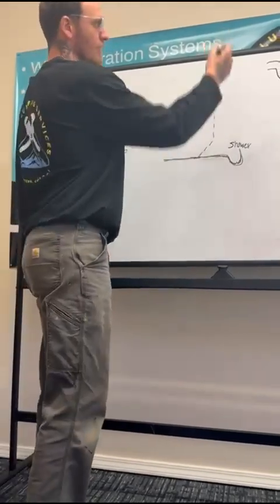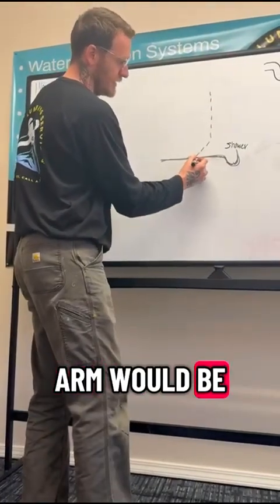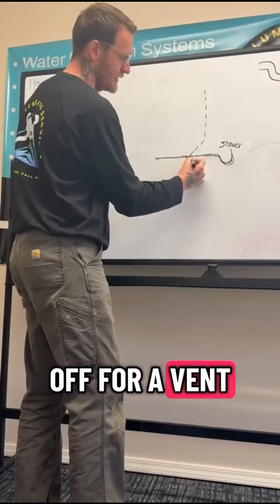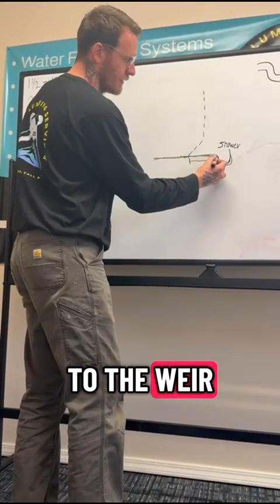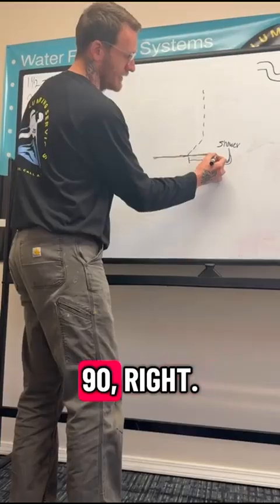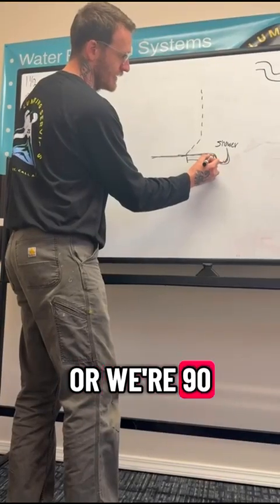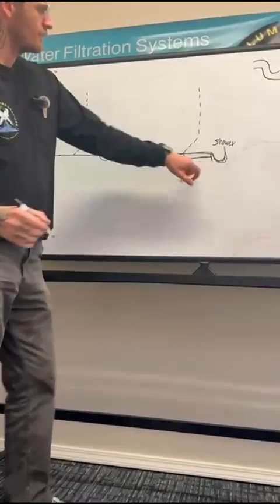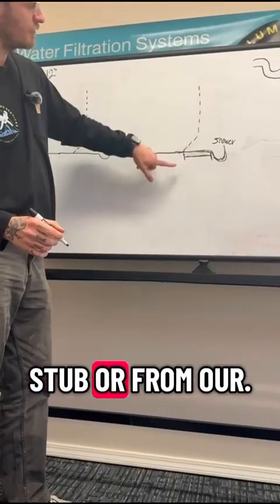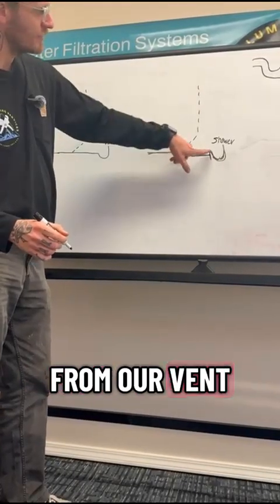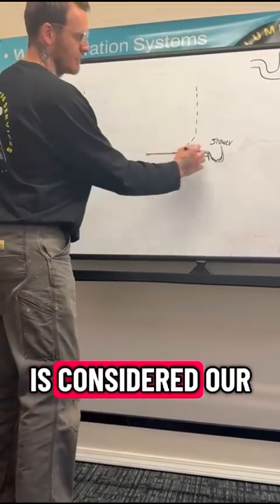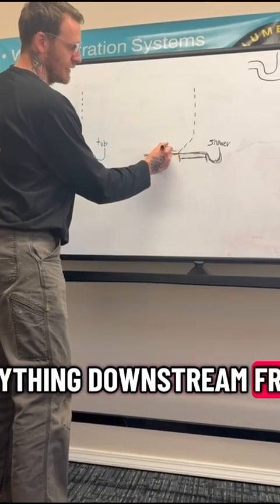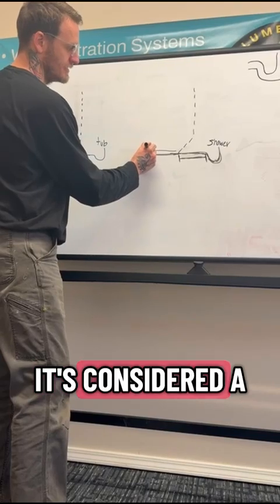So our trap arm would be, again, from the Y, where we branch off for our vent, to the weir of that P-trap, or weir 90 on a P-trap. So this section right here, from our vent stub, or from our vent to the P-trap, is considered our trap arm. Anything downstream from that vent is considered a drain.